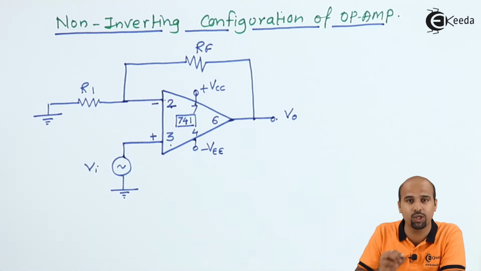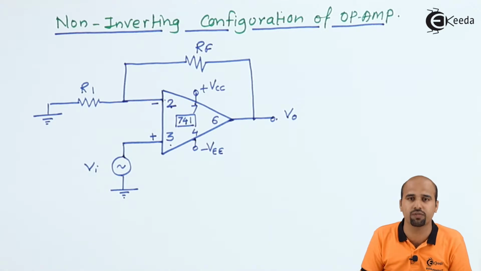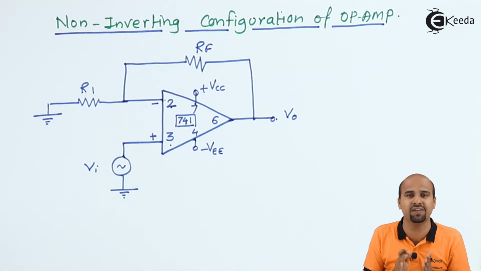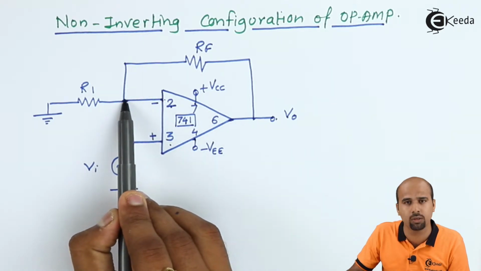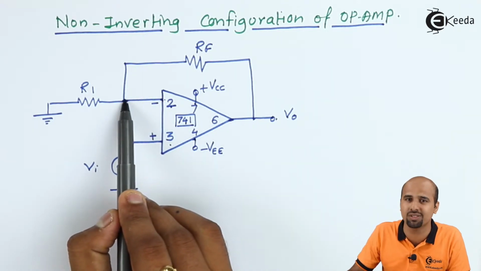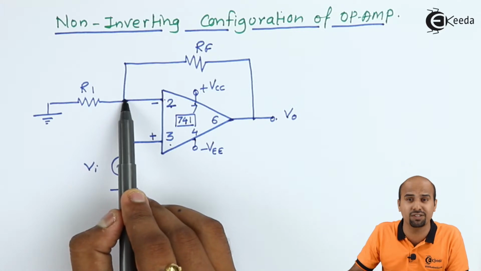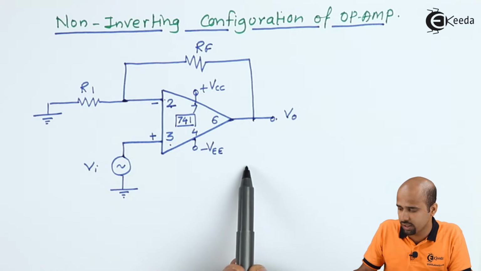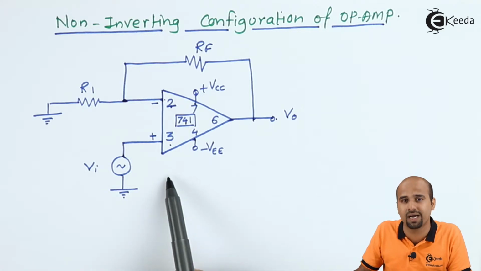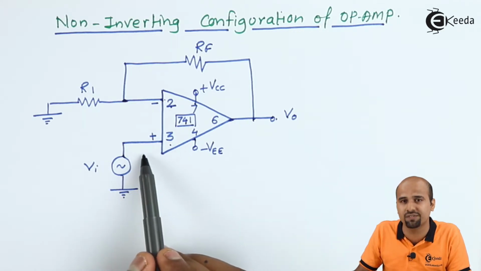Now the fact that you have to note when you compare inverting and non-inverting configuration is that we have to give feedback to only the negative terminal, and that is why we are using this as an amplifier with negative feedback. Otherwise, what will happen if we apply this circuit with positive feedback, RF given to the positive terminal?